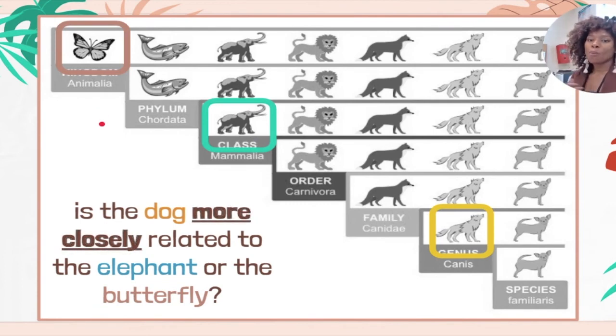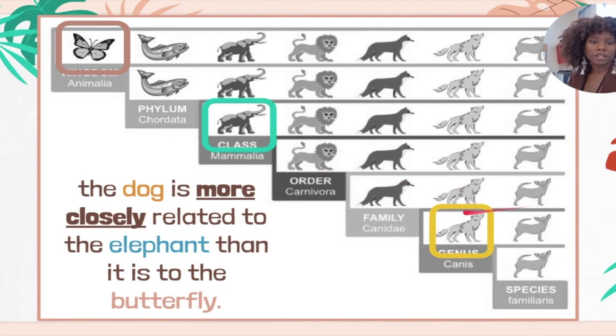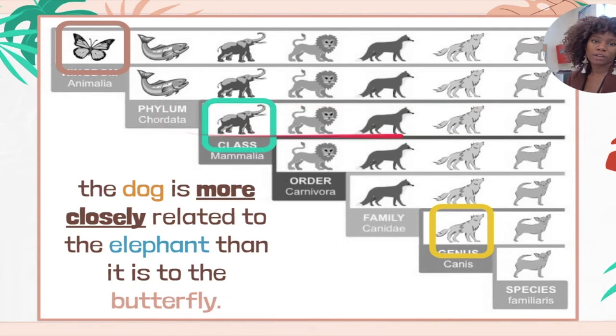Okay, let's go to it. We're talking about more closely related, so we're talking about who shares more taxa in common. So we're going to say the dog is more closely related to the elephant than it is to the butterfly. Okay, look. The dog and the elephant share this level, they share that level, and they share that level together.